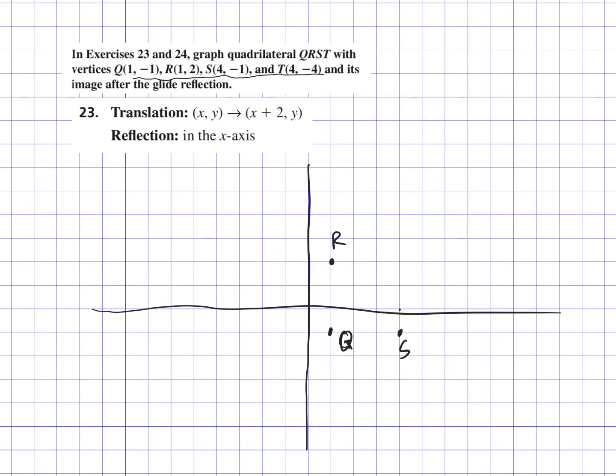And T is at (4, -4). So here is our original picture. And now we're going to move to the right 2, and we're not going to go up and down at all. So let's go to the right 2. That's S prime, T prime, Q prime, and R prime. We draw it.